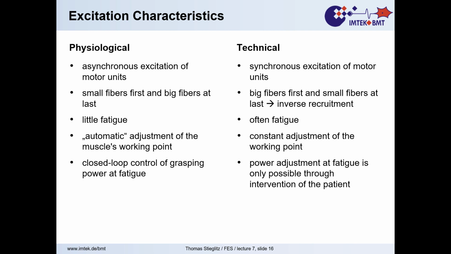If we do technical stimulation, we do it from somewhere and don't have the sensors in the loop. That means normally we do something like a program control, open loop.